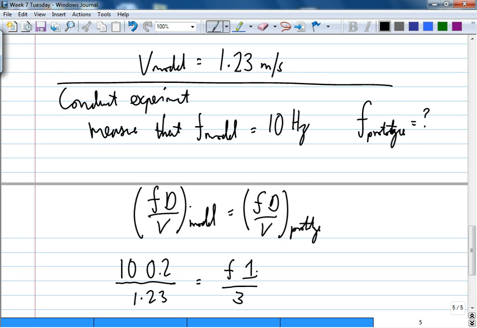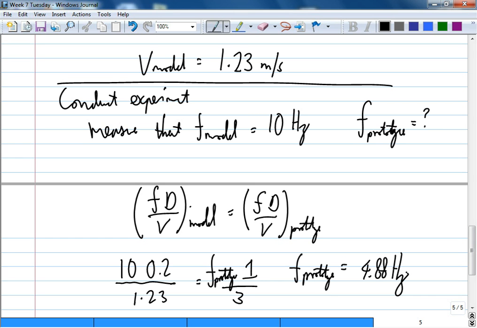So F prototype equals 3 times 10 times 0.2 divided by 1.23. What do you get? 4.88 hertz. Hertz is 1 per second, oscillations per second.